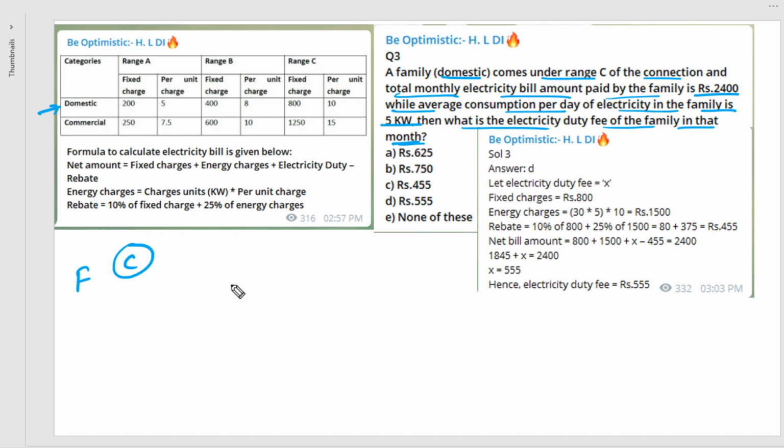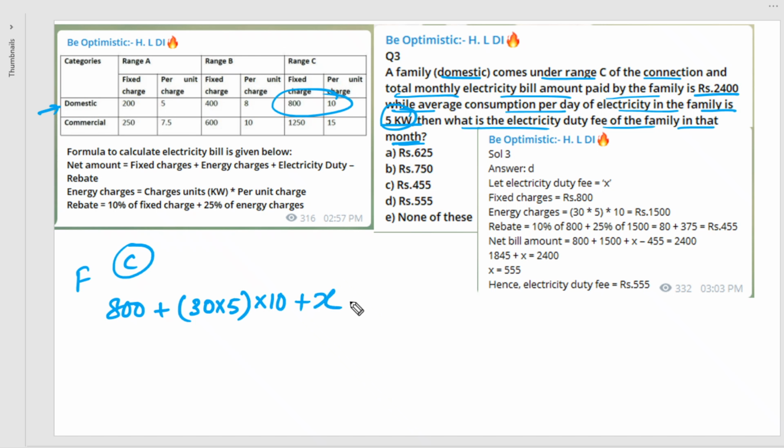So now you have to calculate the electricity duty. Assume, let's say, that it is X. So range C means this. The fixed charge is 800 plus your per day consumption, average 5 kilowatt. So in 30 days it is 30 into 5, and the per unit charge is 10, right? Now you have to find the electricity duty.